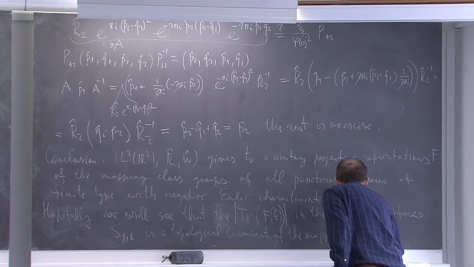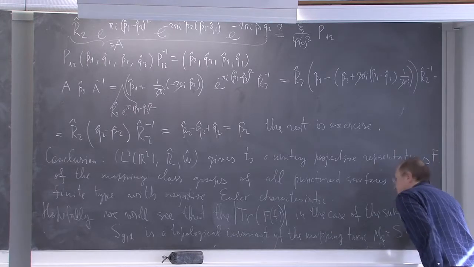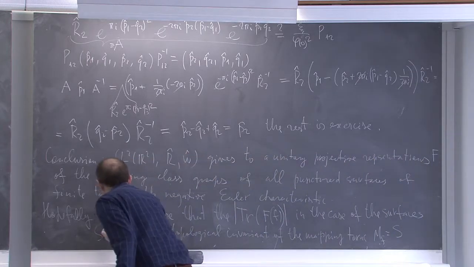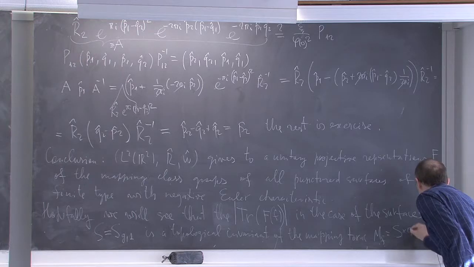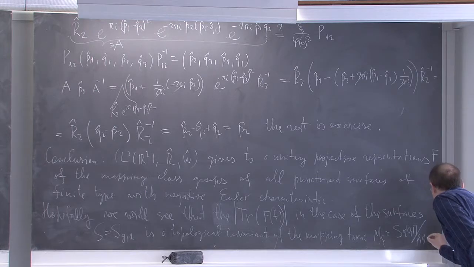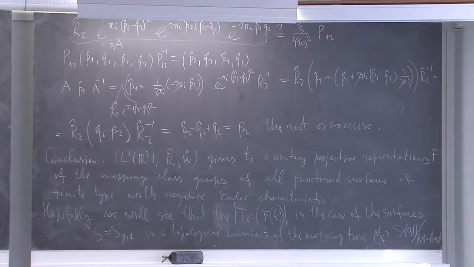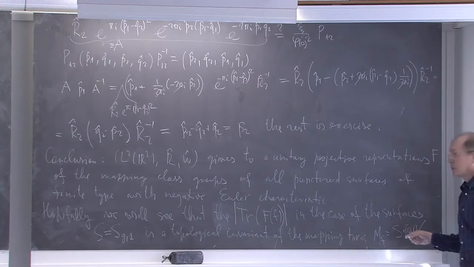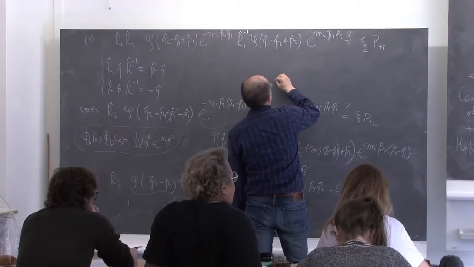Mapping torus M_F obtained by the surface S cross interval, quotient by (x, 0) equivalent to (f(x), 1). So we take a product of the surface, for example, the punctured torus.